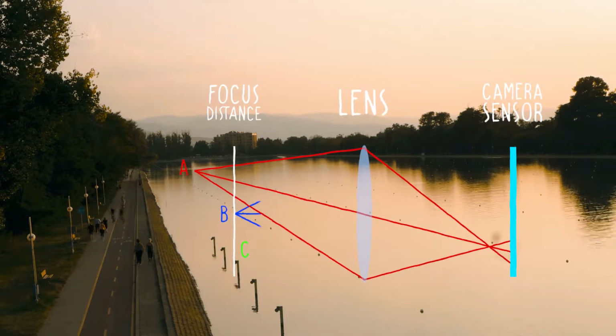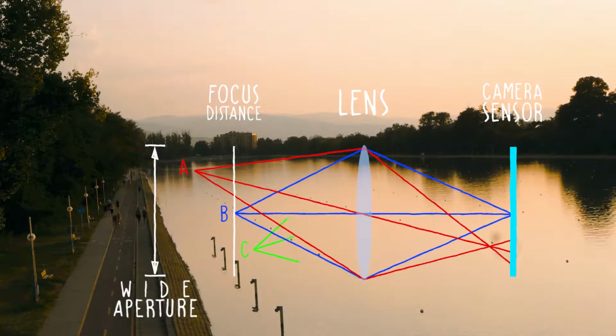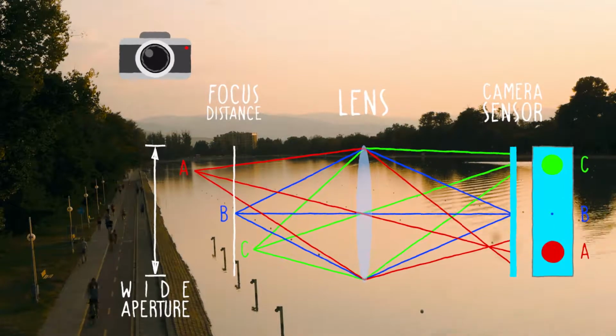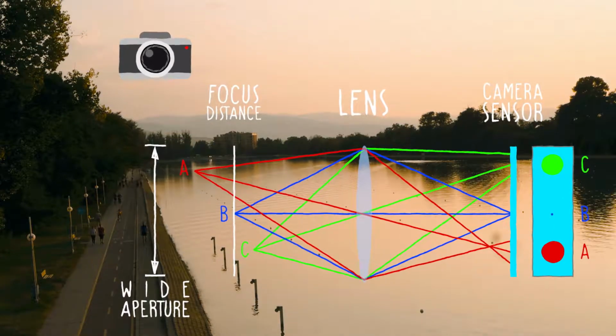But at larger apertures, say f1.4, more of the lens area is exposed and light from the object enters the camera over a wider range of angles. To clarify that a bit, let's see how focus works. A camera lens is designed to focus accurately at only one point or one distance.